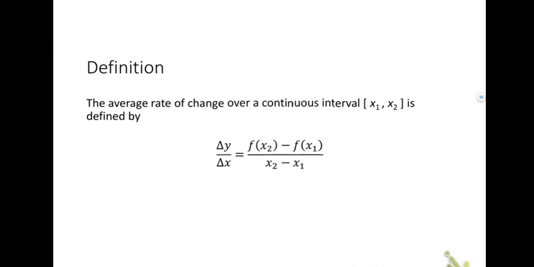Knowing that f of x goes along with y, maybe I could call this y2, and this one y1, and it looks just like the slope of a line. In a few minutes, we'll see how that connects to this concept.